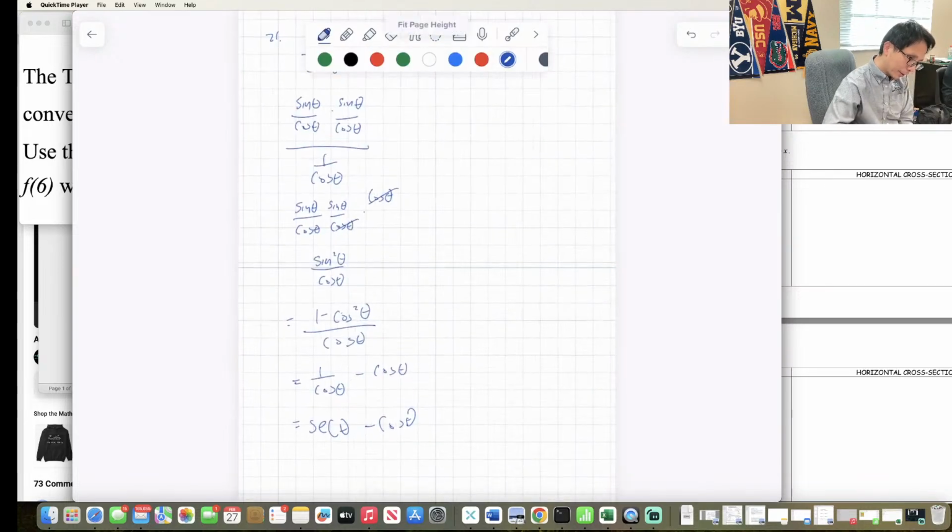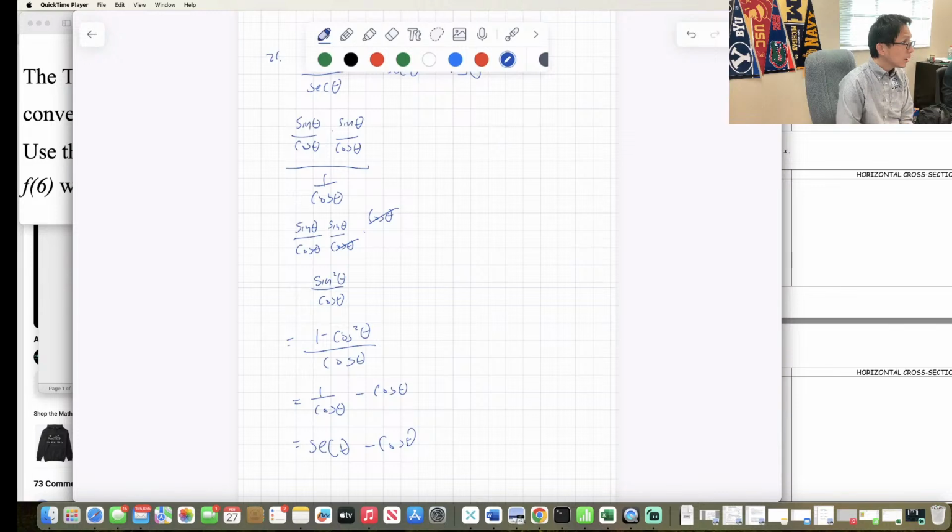Now you can probably copy down. But another thing is you have to have good handwriting. Yes. Theta over cosine theta just equals minus cosine, because you split this.